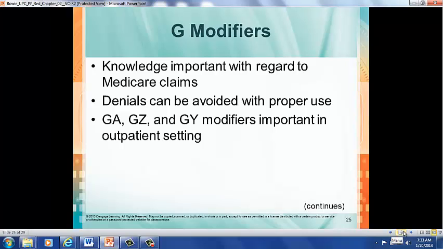GA being a waiver of liability statement on file, such as an ABN, GY, item or service statutorily excluded or does not meet the definition of any Medicare benefit, and GZ, item or service expected to be denied as not reasonable and necessary.